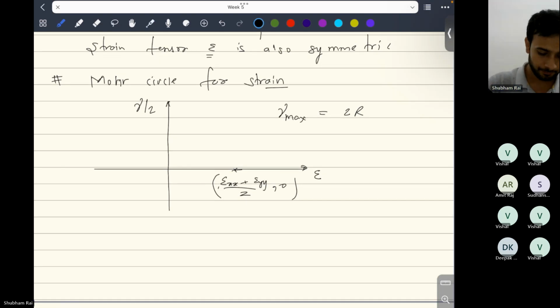So obviously half of shear strain will be equal to the radius. That's why half of the maximum shear strain will be the radius, and so the maximum shear strain will be double the radius.